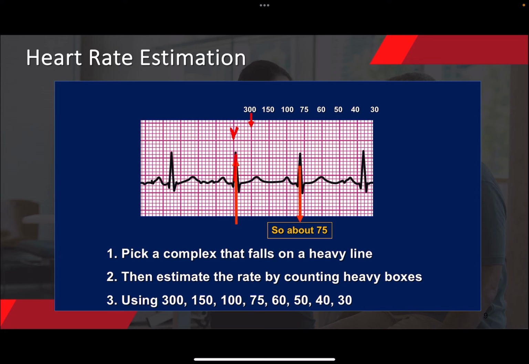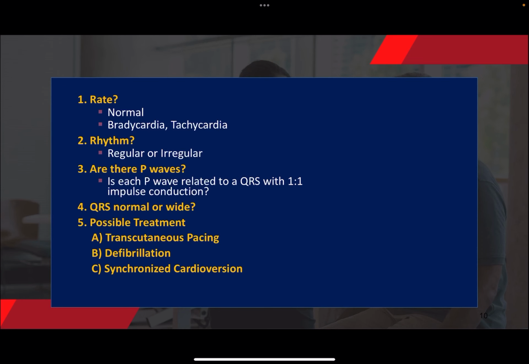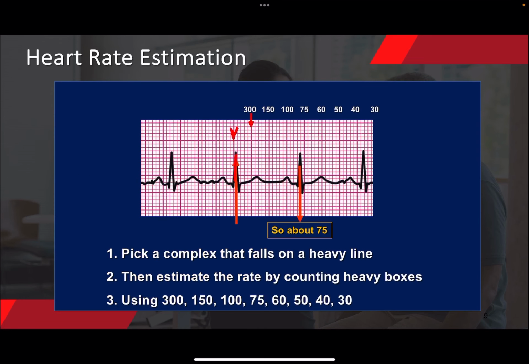And then you count the number of heavy lines up to the next QRS complex. So in this case, that's 1, this is 2, 3, 4. So approximately your patient's heart rate is 75 beats per minute.